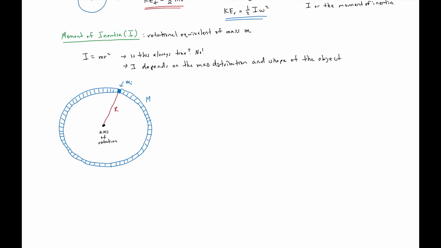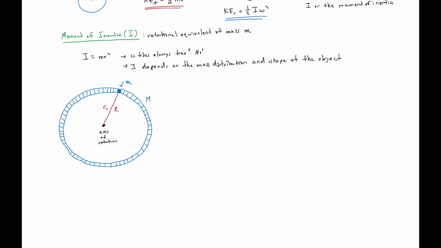With calculus, you can break this up into infinitely small pieces, but let's assume every individual piece has a mass of mi, and every individual piece also has a specific distance from the axis of rotation, and we call this ri. In the case of a uniformly distributed circle or a hoop, your Ri is simply capital R, the radius, for every single tiny element.